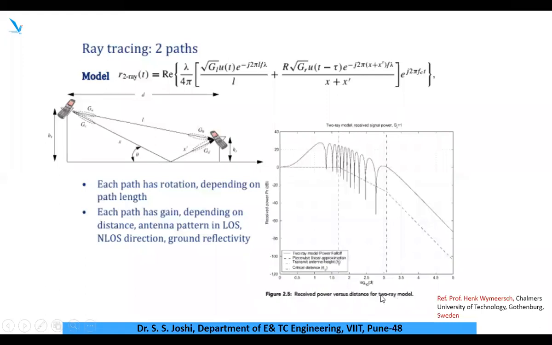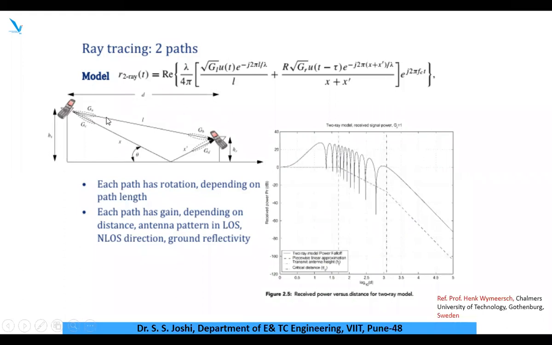If you consider this particular graph, it is a function of log of d, the distance, and the received power. Somewhere in this range you find some fluctuation, and again as the distance increases, the signal strength starts decreasing. This is very important. As d increases, the power goes on decreasing, and at the same time there are fluctuations because of constructive and destructive interference.